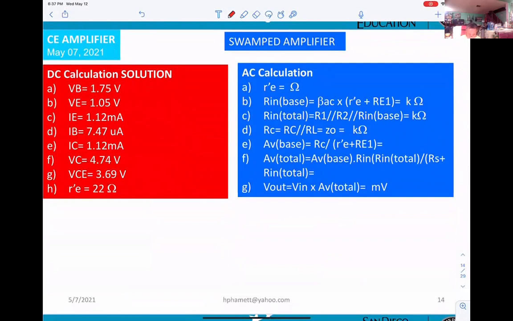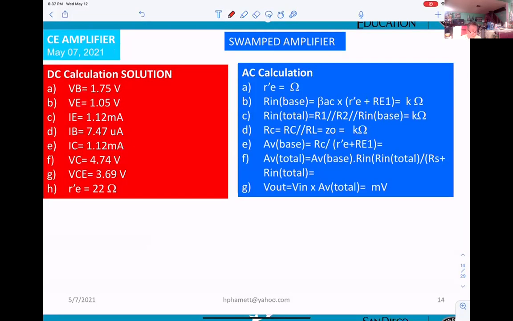AC calculation, I just gave you the formula, and you do your calculation. Make sure you understand, you don't have a class next Monday for Tech 1.